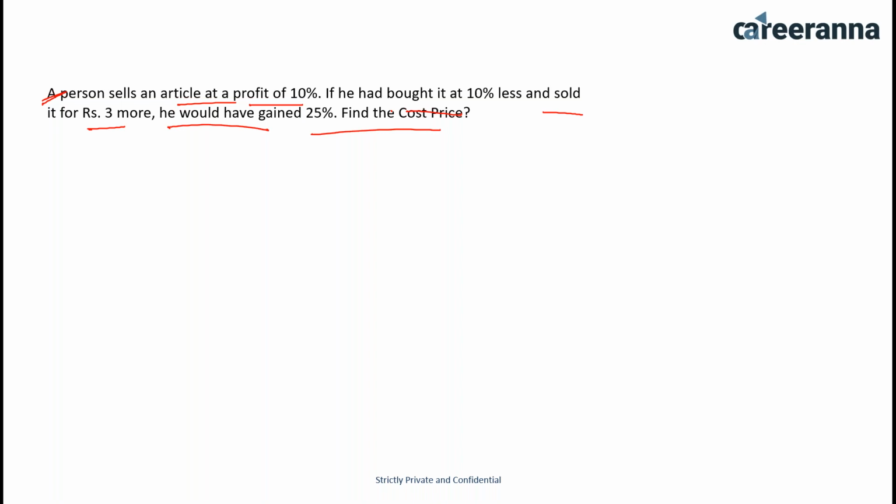Anyone got the answer? Okay, 600 by 7, 92. Okay, okay.